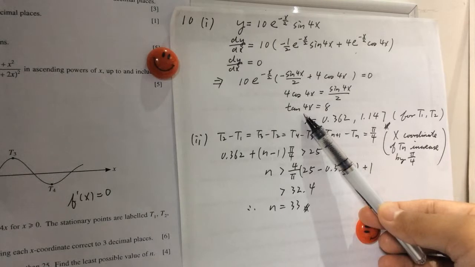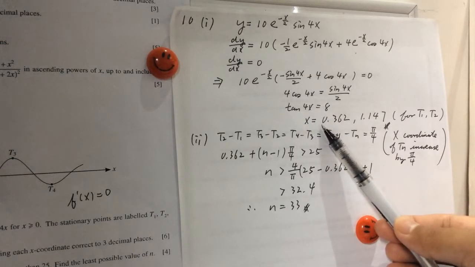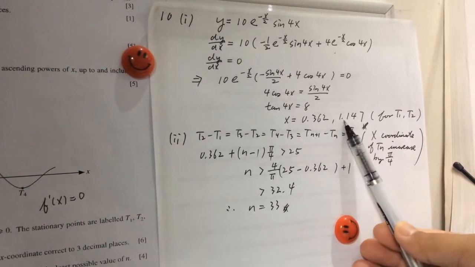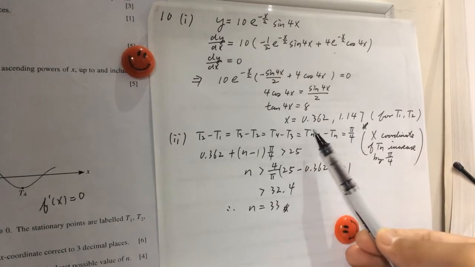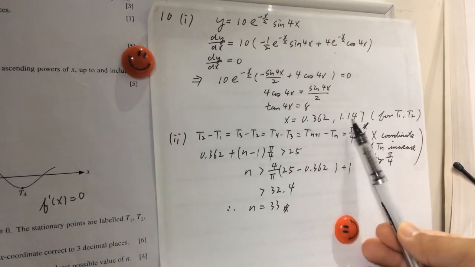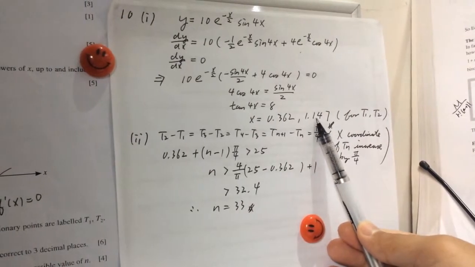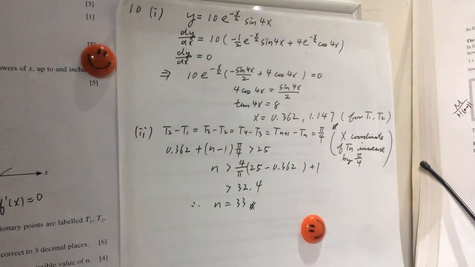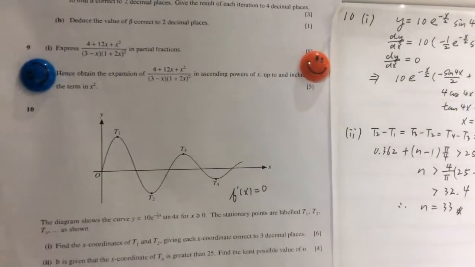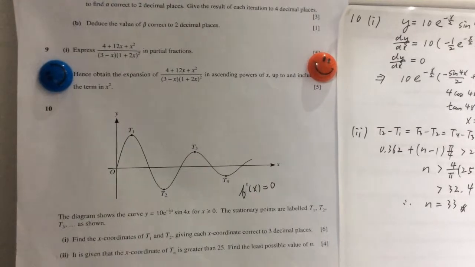And part 2 asks us to find the least possible value of n, given the x coordinate is greater than 25. So from the graph, we observe that the difference between the x coordinates of T1 and T2, T2 and T3, T3 and T4, is only pi over 4.